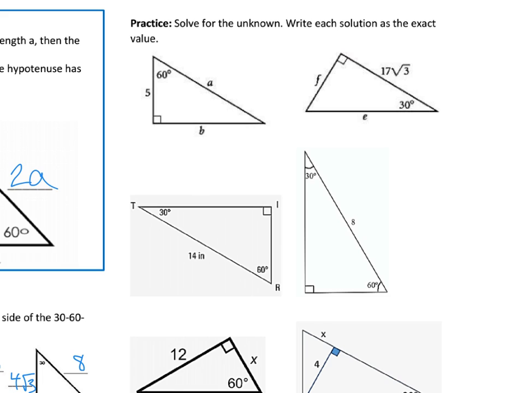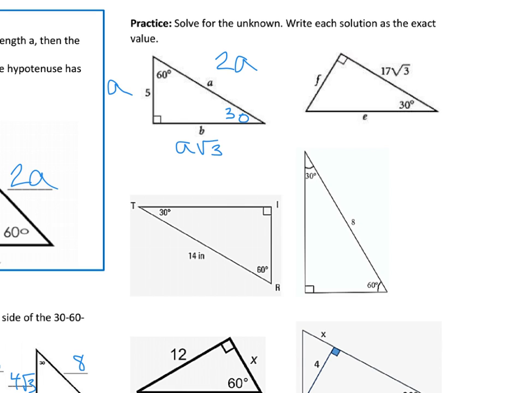All right, so we have some practice problems here. We need to solve for the unknown, write each solution as the exact value. So we have 90 and 60, which means this is 30, which means across from 30 we have our A value, and across from the 90 we have 2 times A, and across from the 60 we have A square root of 3.